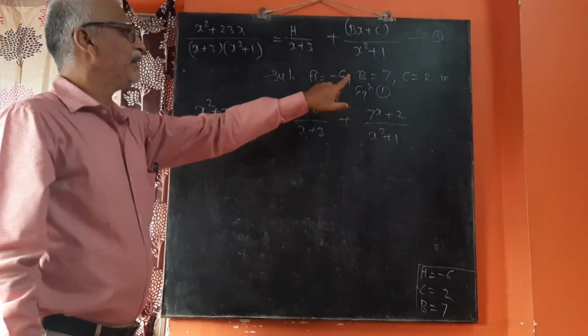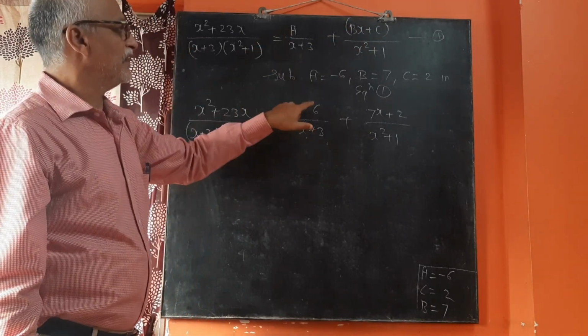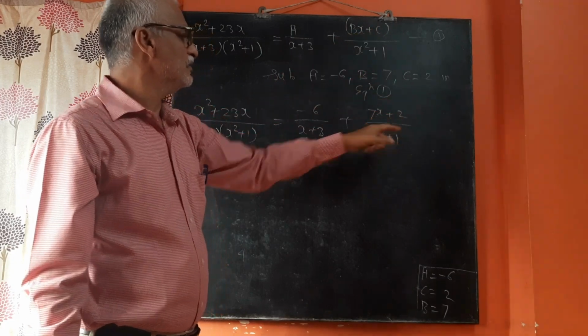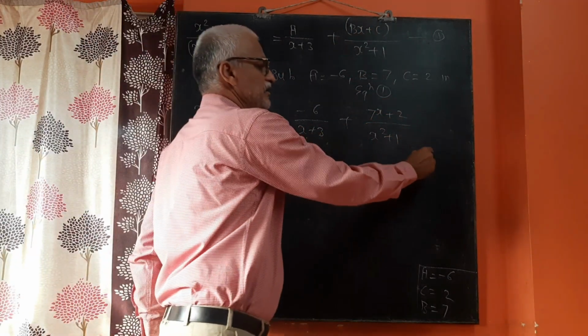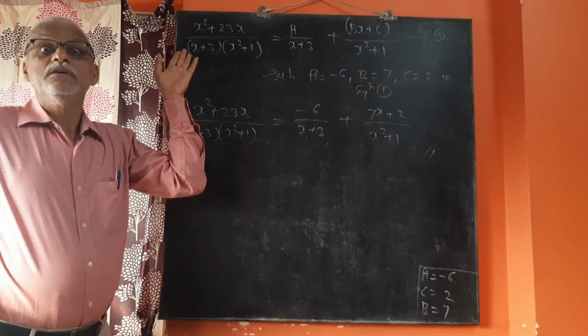Here a is -6, b is 7, giving 7x, and c is 2. So this equation gives the partial fractions of the given problem.